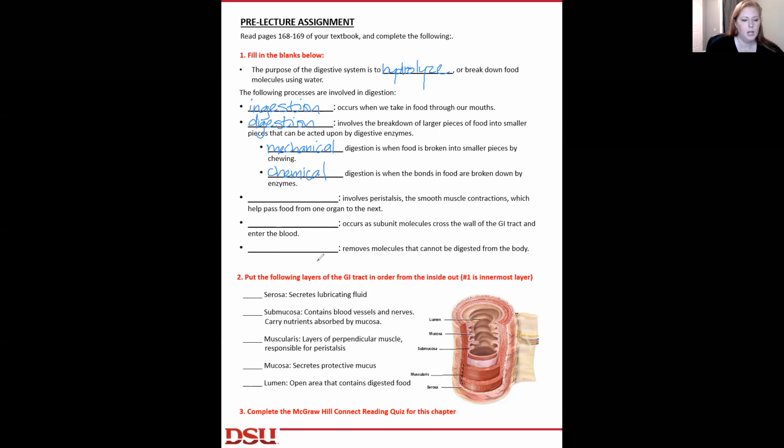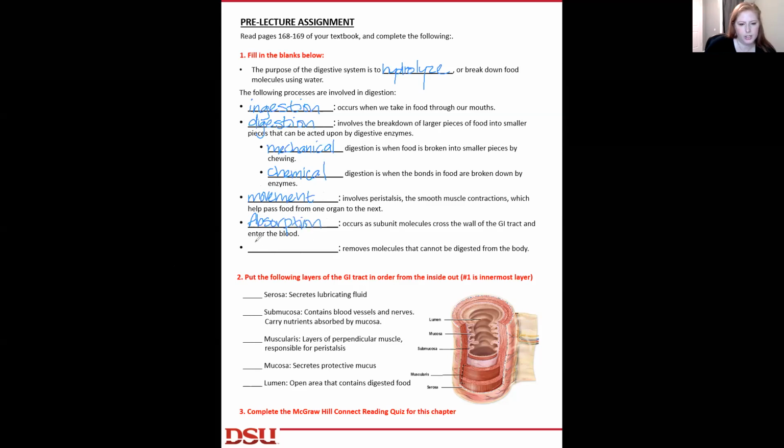Okay. And then we've got movement. This is the peristalsis that I was telling you about, the contractions in the digestive tract that helps move the food down the line. And then we have absorption, when nutrients enter the blood.